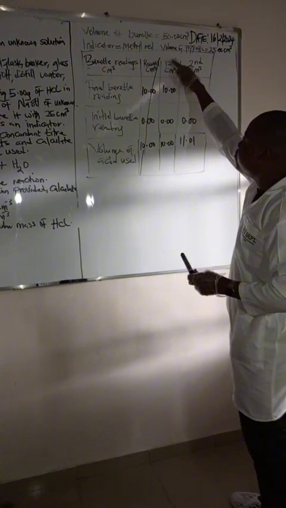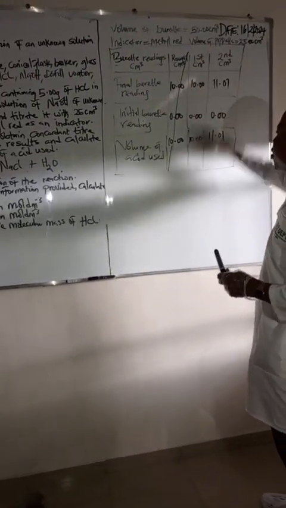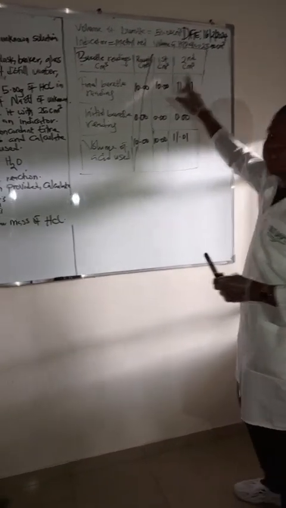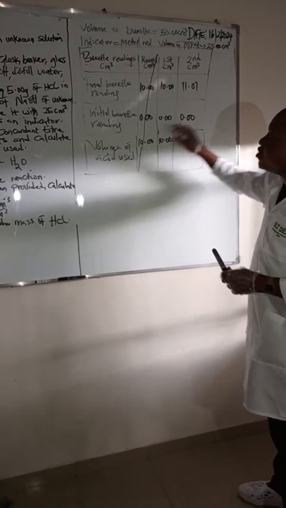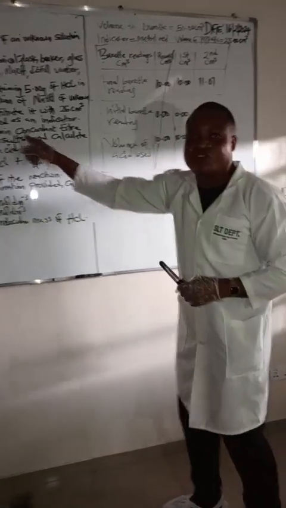Now, I've told you we are discarding the rough. We are not making use of the rough. So we are going to take only the two titre values, or the two concordant values. Are you following?